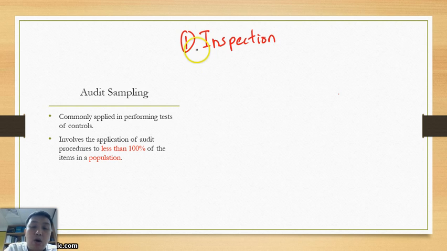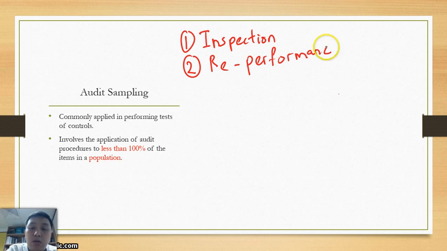A second common audit test used in tests of control would be re-performance. Re-performance will involve auditors repeating what the client has done for the controls.